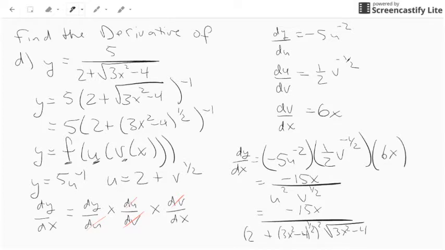But please bear in mind that when I took the derivative of y with respect to u, the u function stays in there. I didn't put the derivative of u in here. The derivative of y was negative 5 over u squared. Well, there is my u.